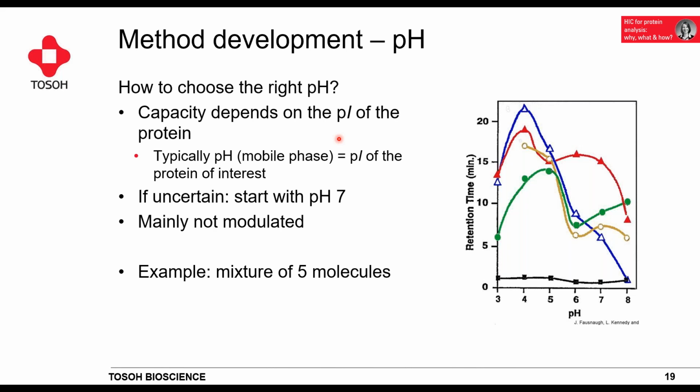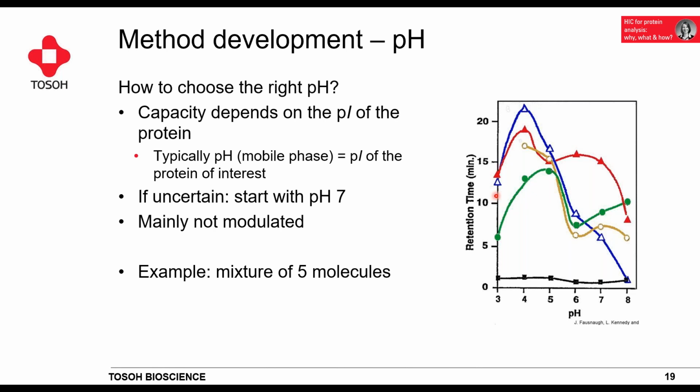But we really separate by hydrophobic interaction chromatography because the net charge is 0. However, if we think of a solution with 1, 2, 3, 4, 5 different molecules that all elute at the very same time at a given pH, we don't have any separation.